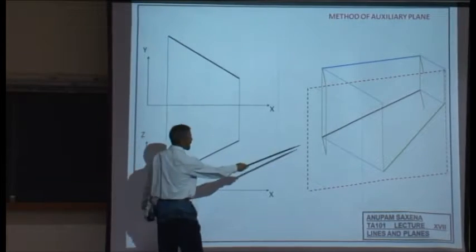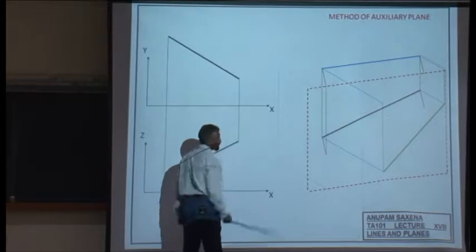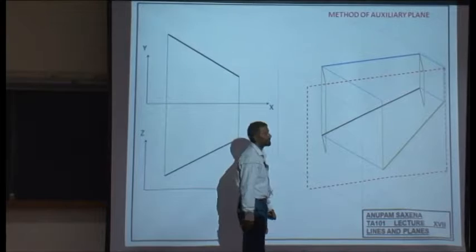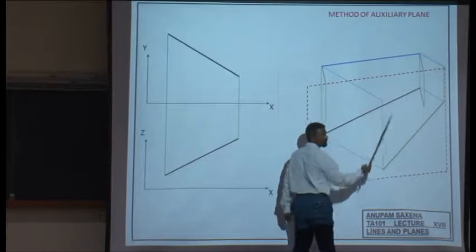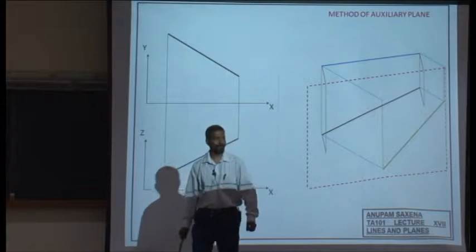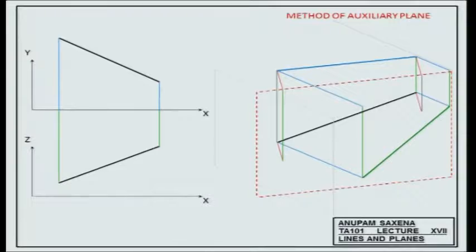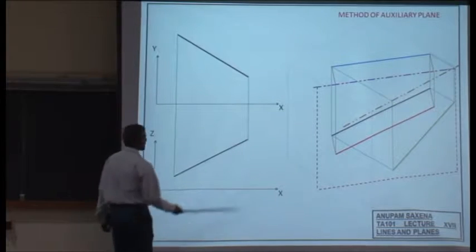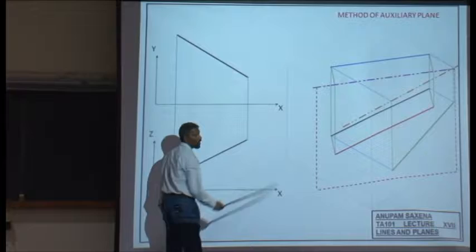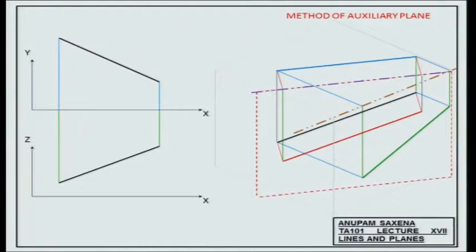Would it be the same as this distance? Great. How about this one? The same as this distance? Right? All you need to do now is figure out the hinge lines, so this is the true line that you have captured on the plane, and flip this red plane, what we call the auxiliary plane, over. As far as visualization goes, this should be clear to you now.